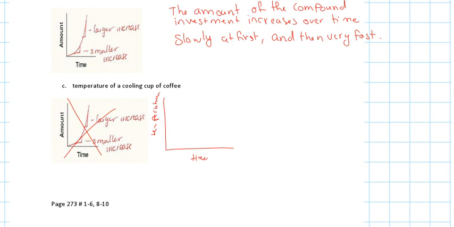The room temperature is 20 degrees or whatever, right? And this is like almost 100 degrees, right? So what's going to happen is that there is a big difference. So they're going to exchange the temperature, the heat, fast, right? So it's going to decrease fast, and then it's going to slow down until it gets to room temperature, okay? So this is kind of the opposite of what we saw in the investment, okay? So the coffee temperature was going to decrease over time.